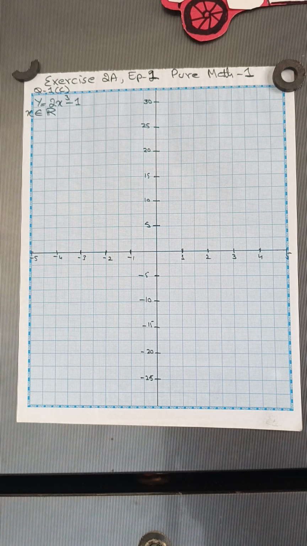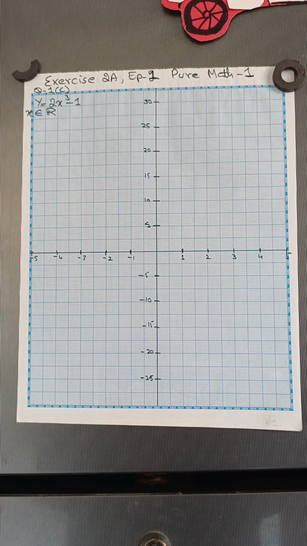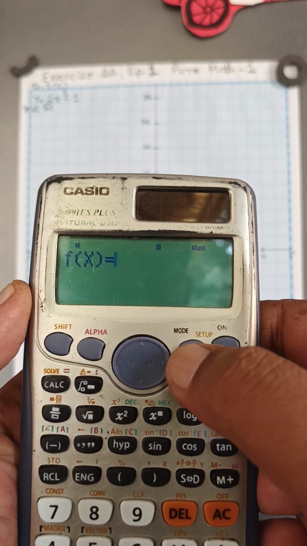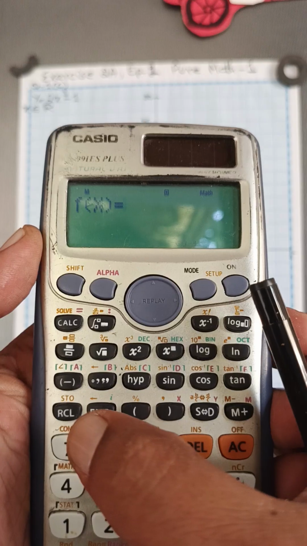First of all, I will draw the table. And I told you again and again, if you have your calculator with you, go to the graph and table setup. You see Table, this is on 7, so go into the table.